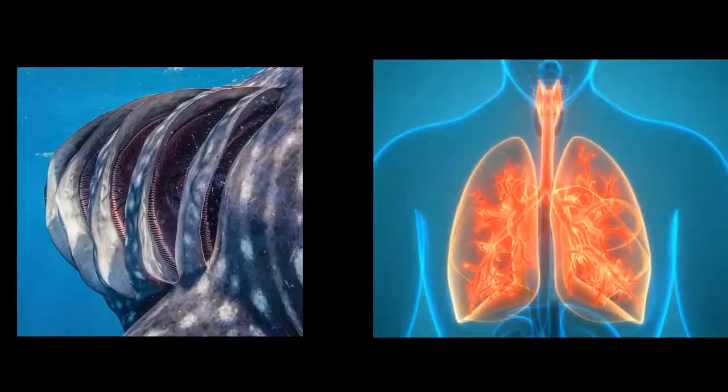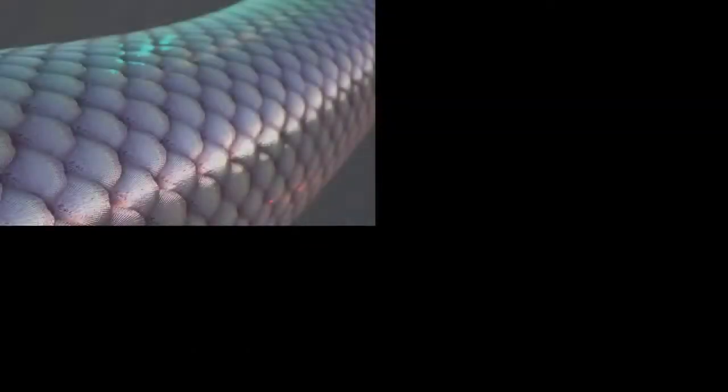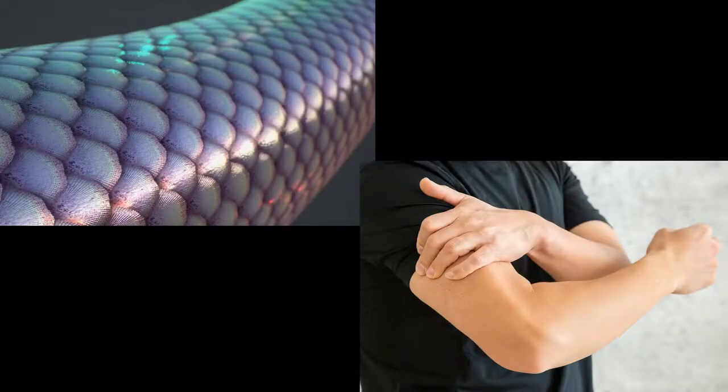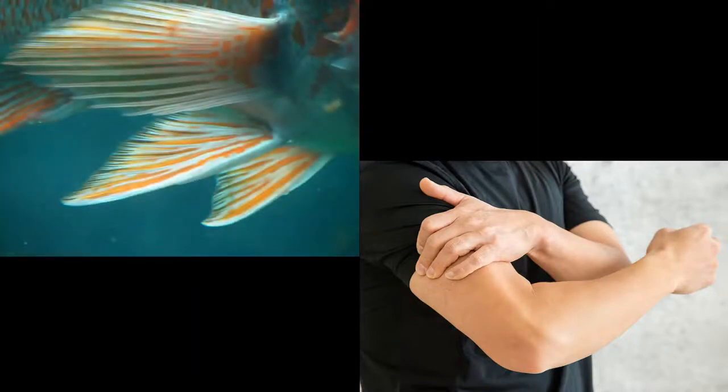You need to justify how scales became skin. You need to justify how fins became limbs, etc., etc. So there was all this novelty that needed an explanation that is beyond the normal mechanisms that we know about, the inheritance, the selection, and the drift.